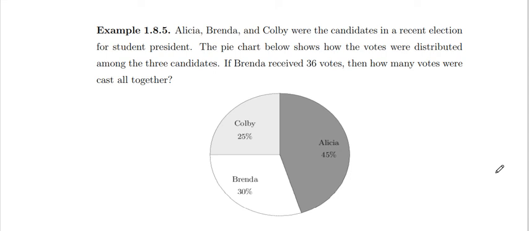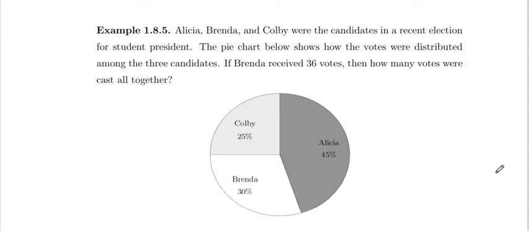Okay, so we can look at this pie chart, which shows these three people. This one gets 25%, this one 30%, and this one 45%, totaling 100%, right? So we separated 100% among three people.